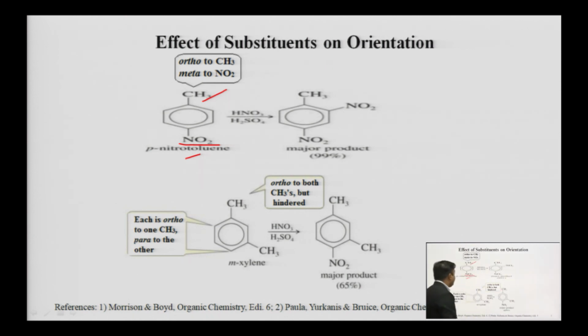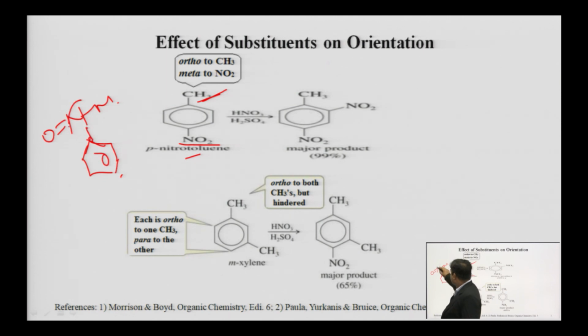So, here CH3 is the activator of the benzene ring, while NO2 is the deactivator. It withdraws electrons from the benzene ring by the minus R effect. How? I told you earlier that in NO2, nitrogen is the key atom and it is bonded with oxygen, which is more electronegative than nitrogen.